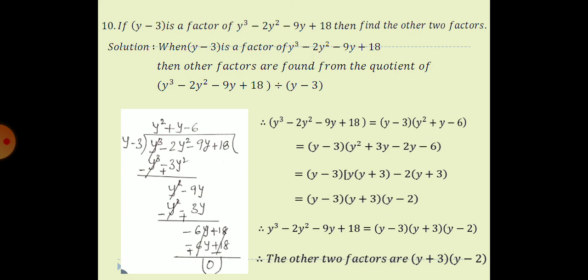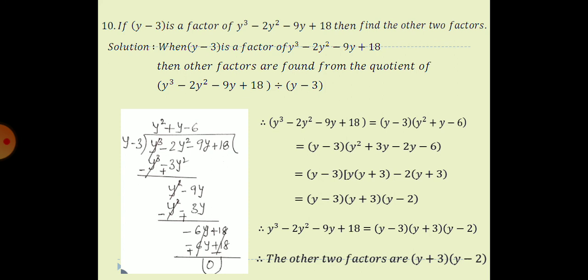So what is the dividend? Y cube minus 2y square minus 9y plus 18 is equal to the divisor y minus 3 times the quotient y square plus y minus 6. This quotient we can factorize by the process of factorizing a quadratic polynomial.